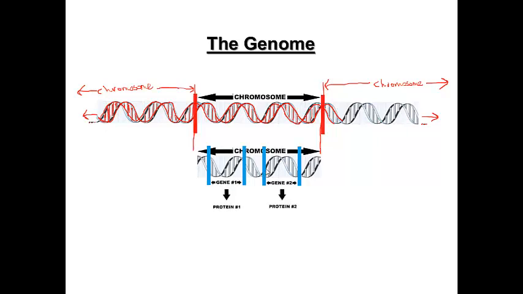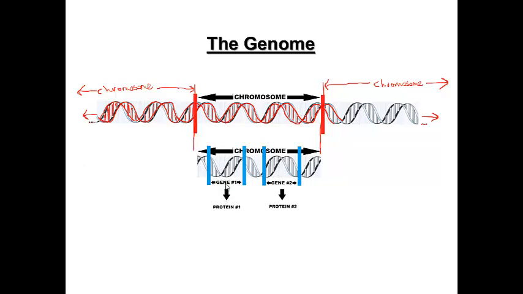So right here, we're going to say that gene number 1 is going to give way to protein number 1, the mechanisms of which we will cover in a much further video. And then gene number 2 is giving way to protein number 2. I'm sorry about the size of these letters.